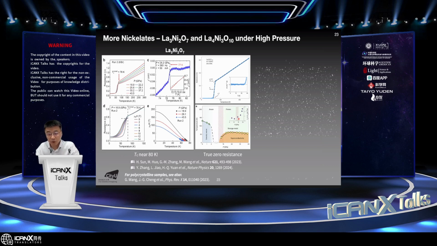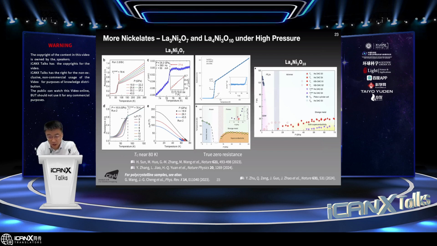Another example, which was later discovered by a group led by Professor Zhao Jun at Fudan University, shows that a 4310 nickelate compound also shows superconductivity under high pressure. Okay.